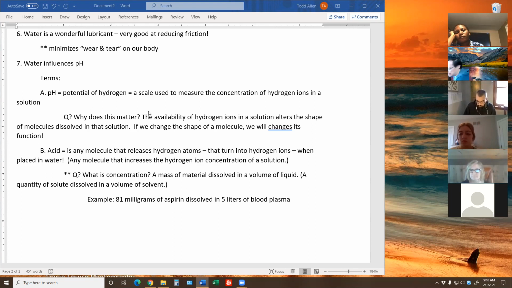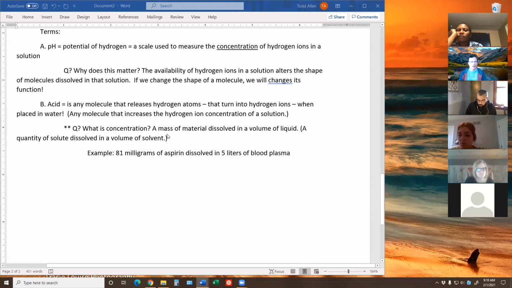All right, so let me try to give you a little bit of an understanding about what I mean by an acid, because it's one thing to say it and define it, but it's still something that you don't always get by just reading the definition. I'll emphasize, you notice in the definition for acid, I say that an acid is any molecule that releases hydrogen atoms that turn into hydrogen ions when placed in water.